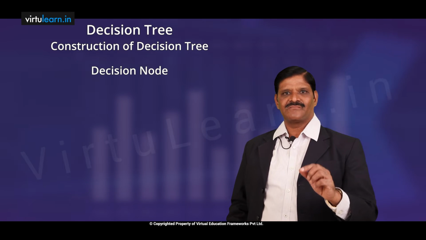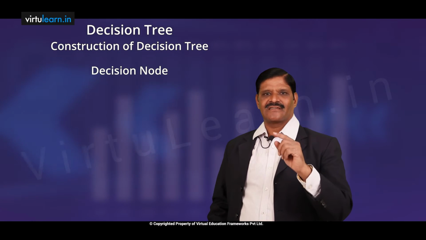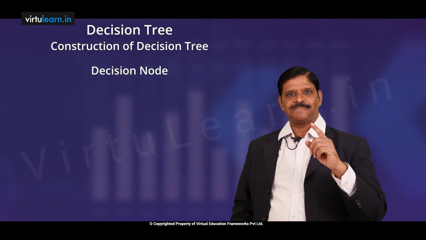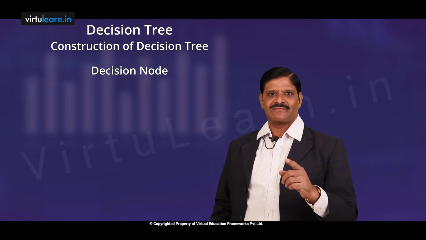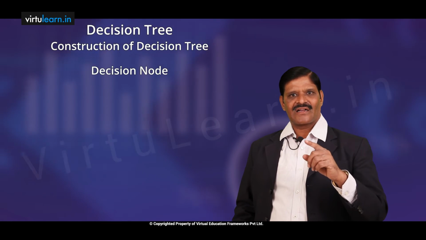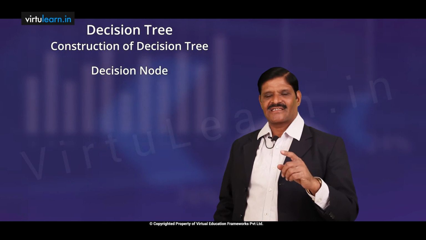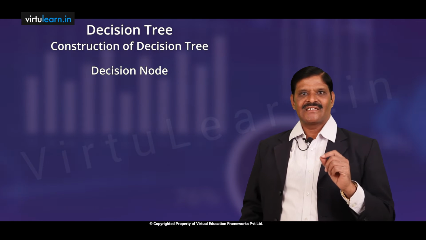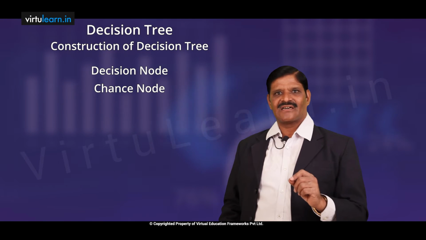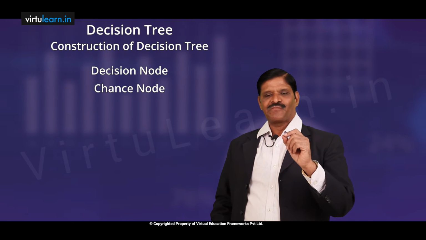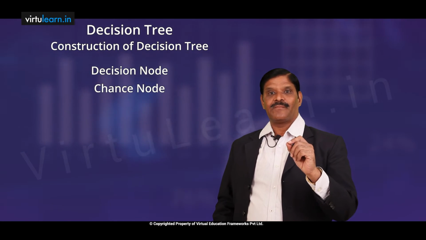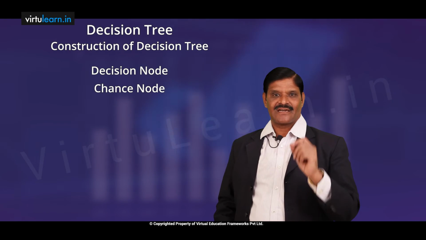After the decision node, each line or alternative emerging from the decision node is connected with a circle. Those circles are known as chance nodes. What these chance nodes indicate is that some lines will emerge from the chance node.